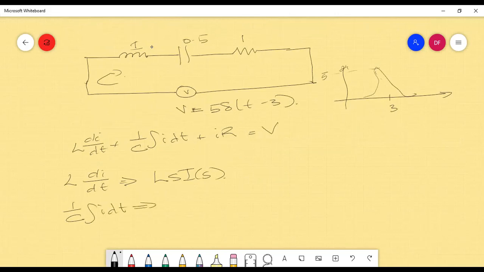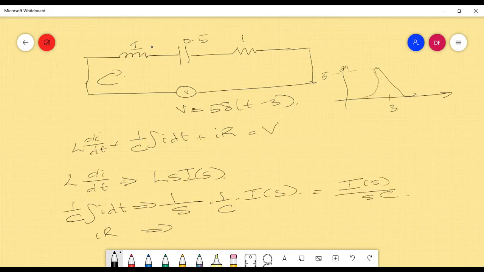It's going to be 1 over s times 1 over C times I(s), and I times R is just I(s) times R.